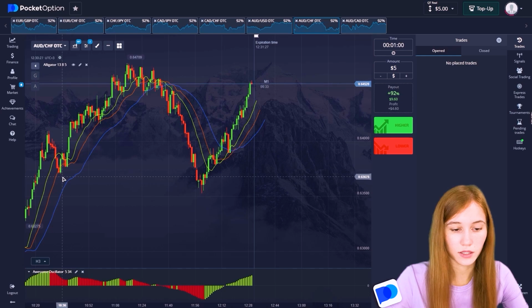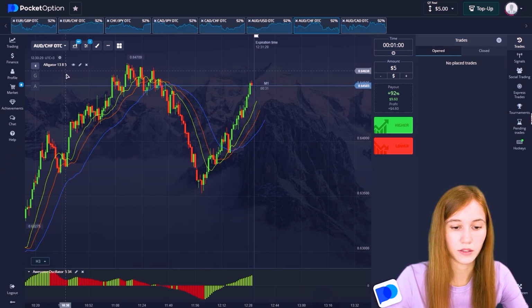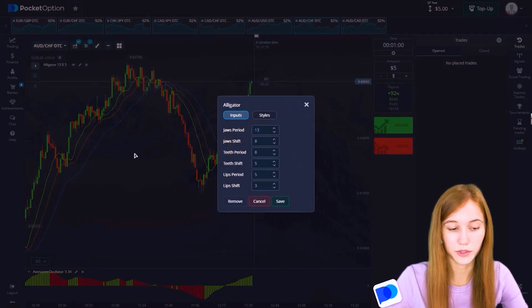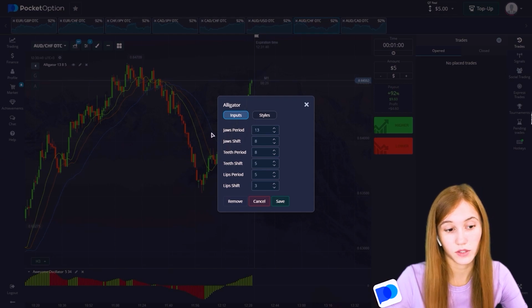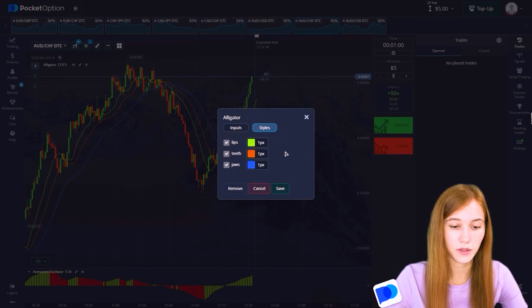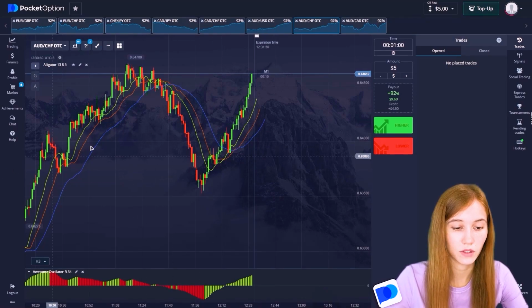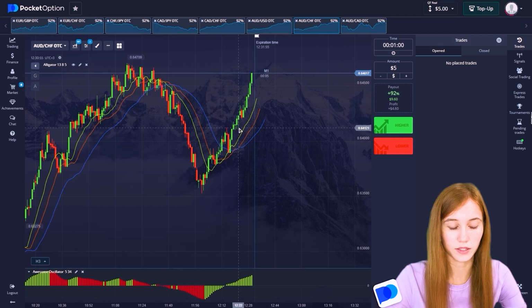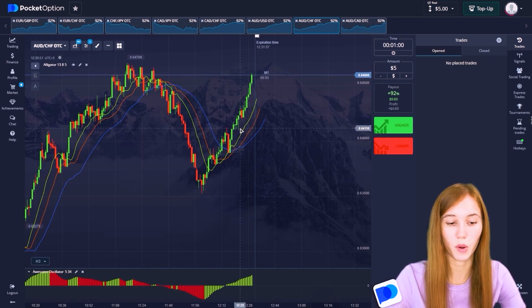So let's talk a little about indicators. The first one is the Alligator, located on our chart. Its parameters and values are here, but the standard settings are suitable for most time frames. Also, don't be afraid to play with the values. The Alligator reflects the state of the market at each moment in time.